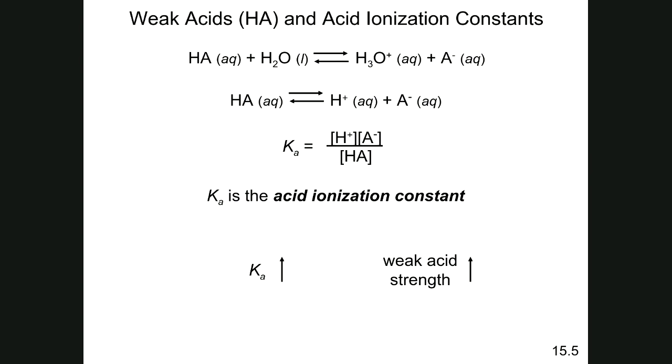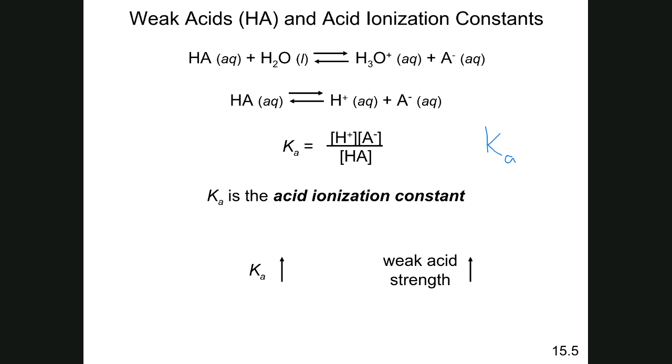Weak acids and ionization constant, or Ka, which is the equilibrium constant for weak acids. You do not have Ka for strong acid. Why have a Ka for strong acid?